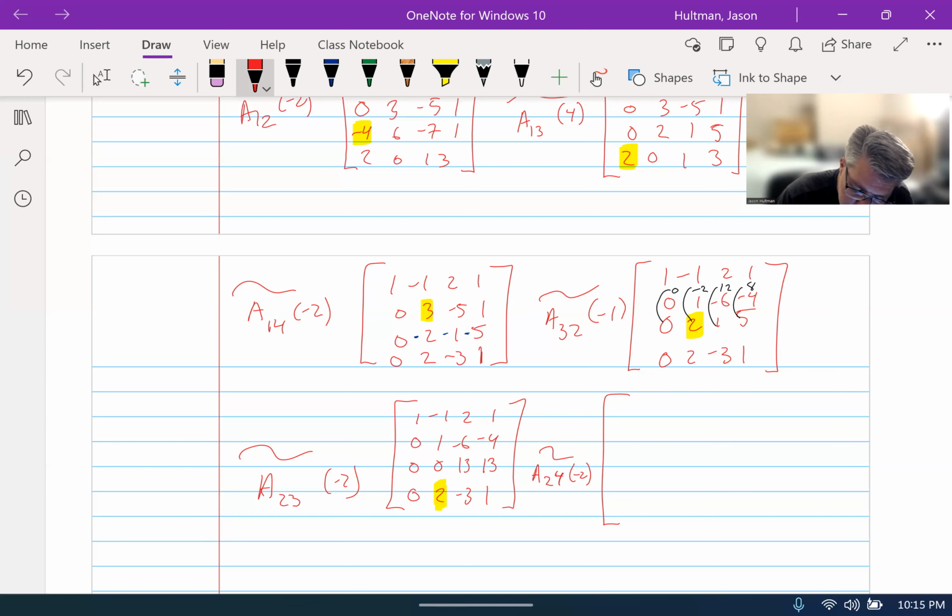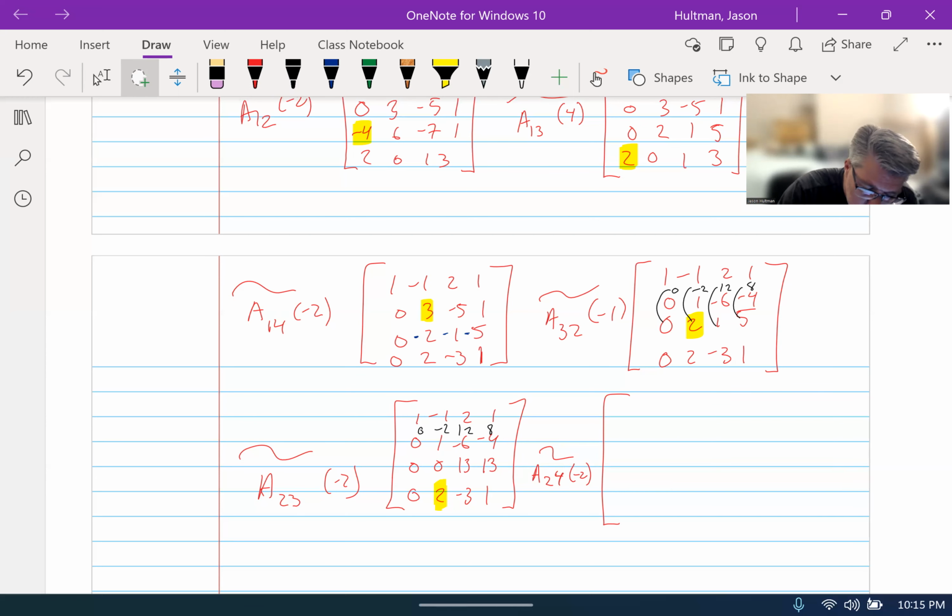Again, I'm going to put the values above the second row after I multiply. And it's the same result. So I should end up with 0, -2, +12, and +8 once again. But instead of adding them to row 3, I'm just adding them to row 4 this time.